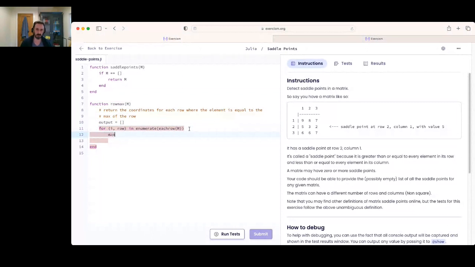So max row equals maximum of the row. Then I suppose we're going to have to go through each element of that row and check if it's equal to the maximum.